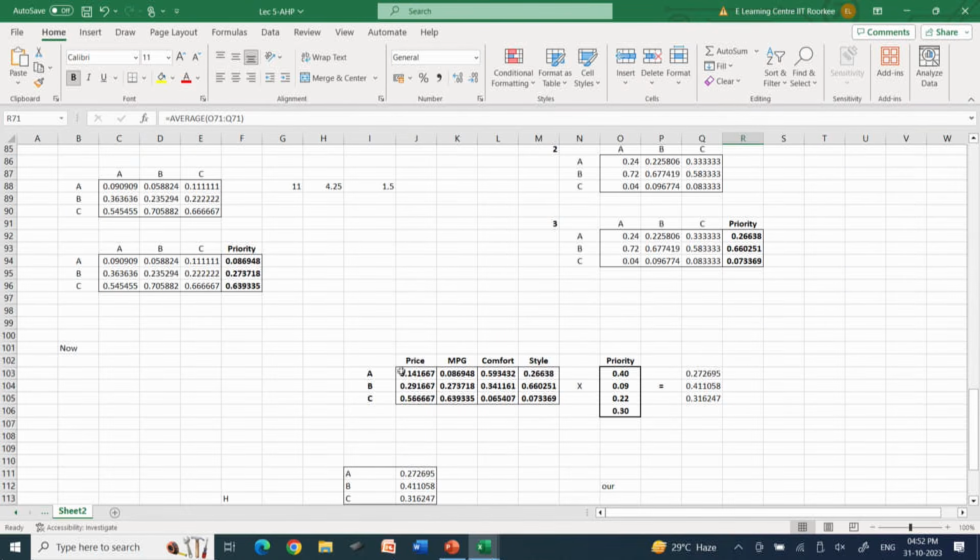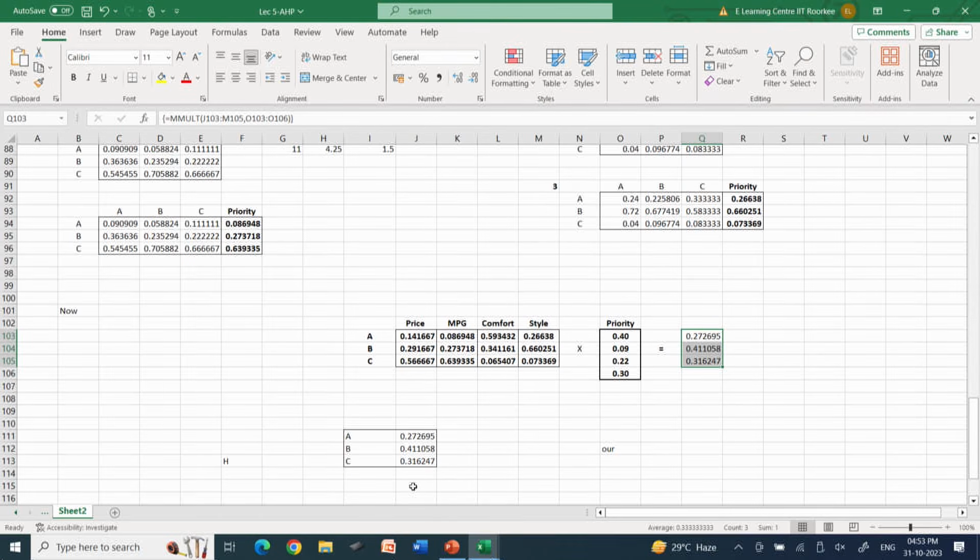So that value I have brought here. With respect to price, this is what I got. With respect to miles per gallon, I got this. Already we know the weightage for our criteria: 0.4, 0.09. When you do the matrix multiplication, see that I used MMULT, I am getting this 0.27.